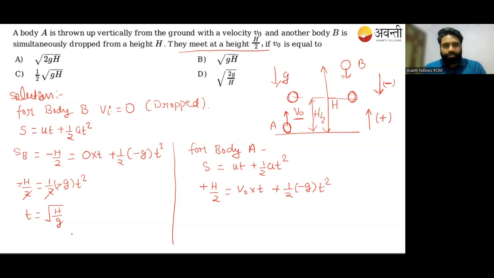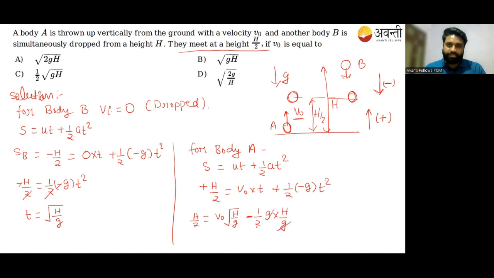Now, if you put the value of time here, this is h by 2 equals v naught times square root of h by g, plus minus 1 by 2 times g into t square. If you square this term, time equals h by g, so it is h by g.